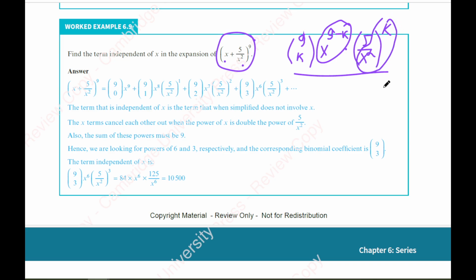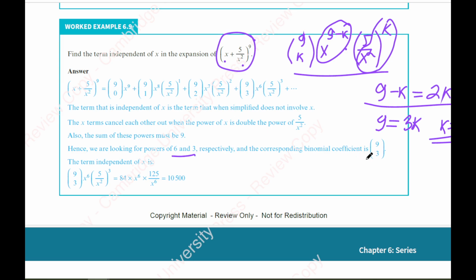So it means 9 minus k shall be equal to 2k. If they are the same, then you can just figure it out. You can see that 9 equals 3k and k equals 3.